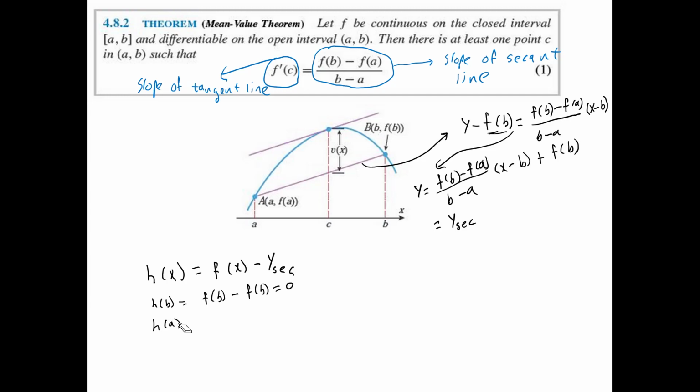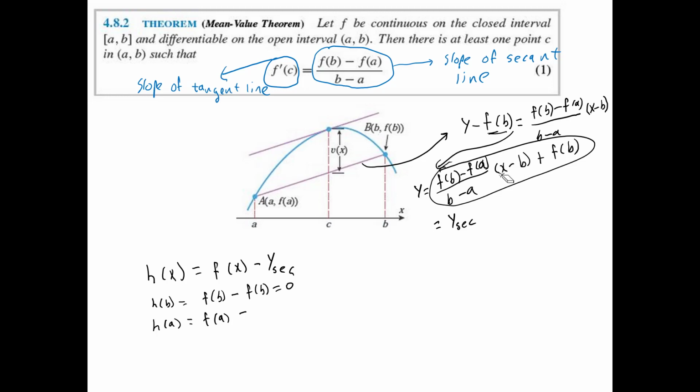H of a will be f of a minus, and when I put a into this formula, because that's my secant function, I get f of b minus f of a all over b minus a, but over here I will get a minus b.